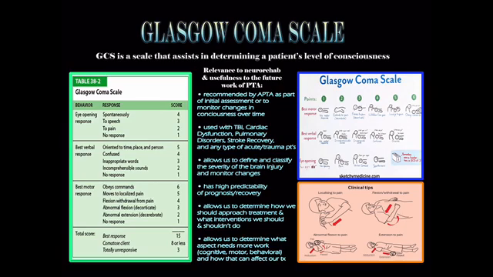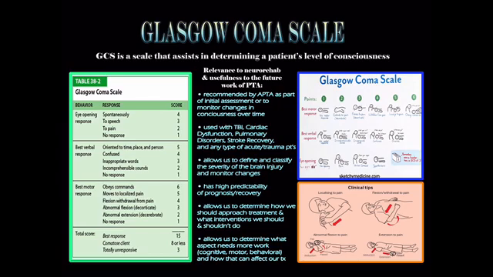So, the Glasgow Coma Scale, I have a picture of the scale here in green on the left. It is divided into 3 categories: eye-opening response, best verbal response, and best motor response. When administering this test, it's pretty much about what you observe when you apply the stimulus.